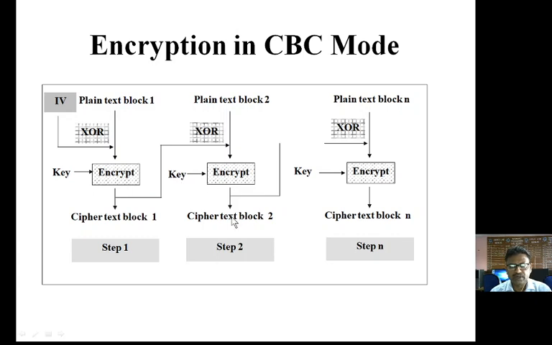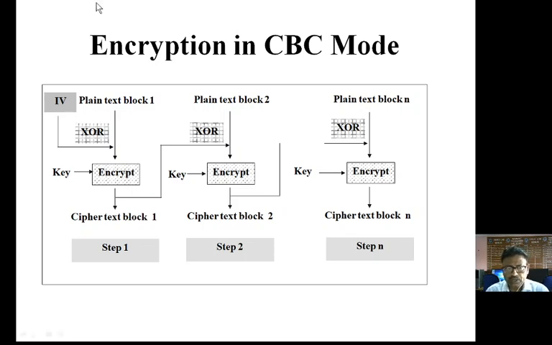With the help of the key, we get ciphertext block 2, which is again fed to plain text block 3. After the XOR operation, we get a value that is encrypted with the 64-bit key to get ciphertext block 3, and so on.